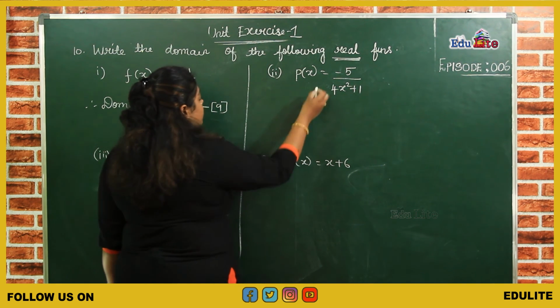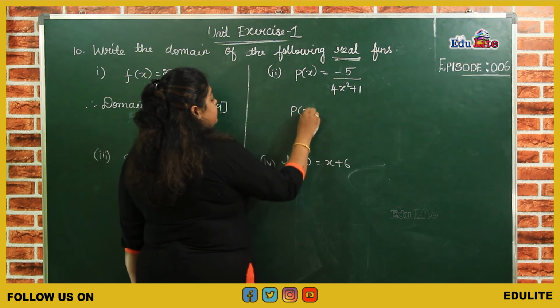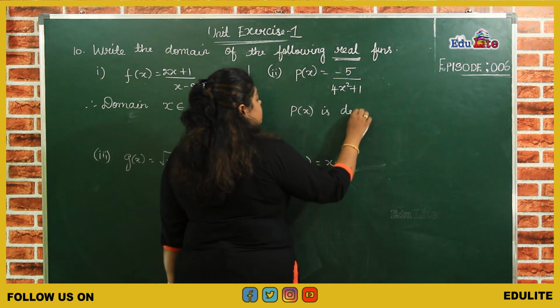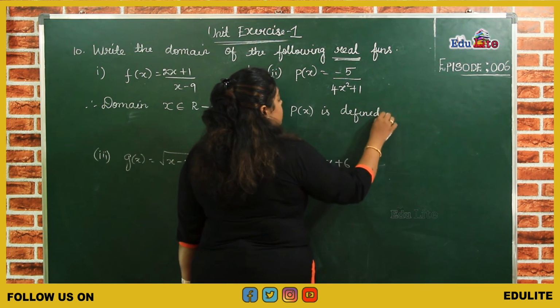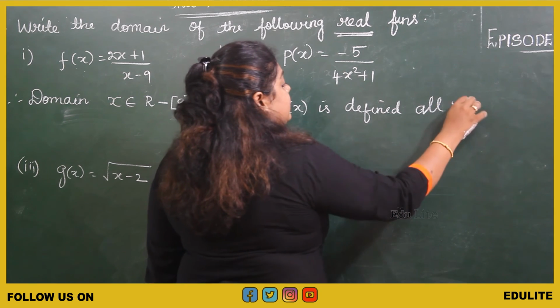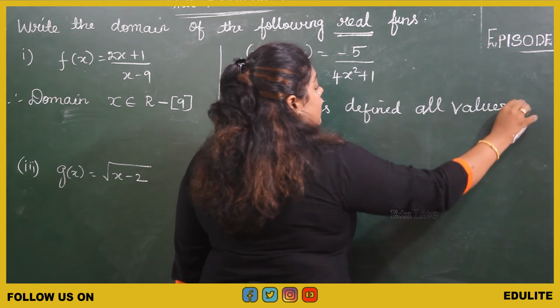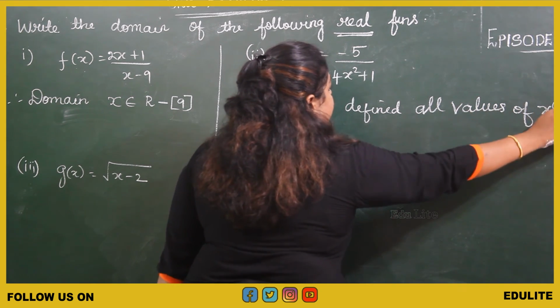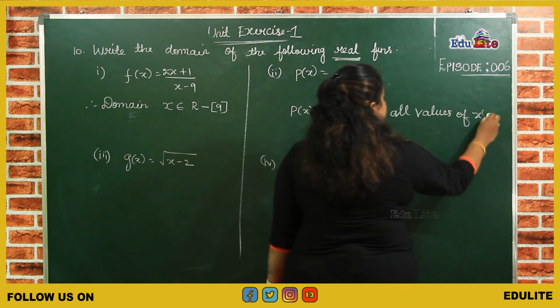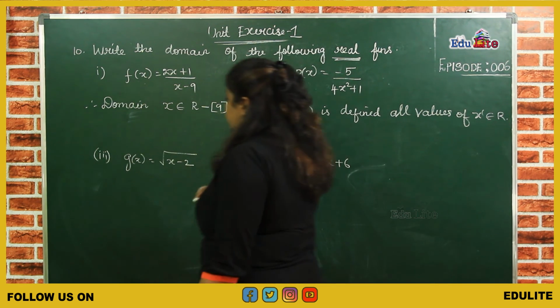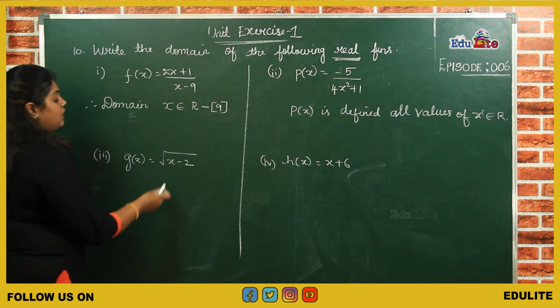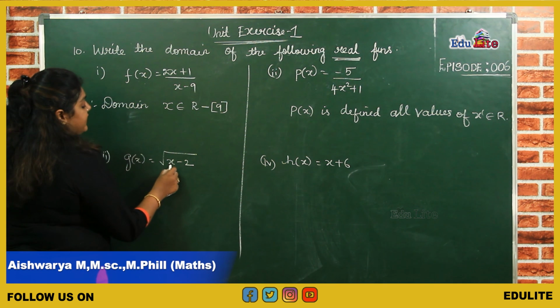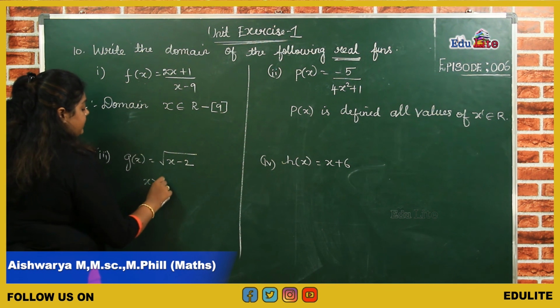Now the domain for this: p of x is defined for all values of x. x could be any value. So x is a real number. Next, here also within the brackets the x value should be greater than 2.